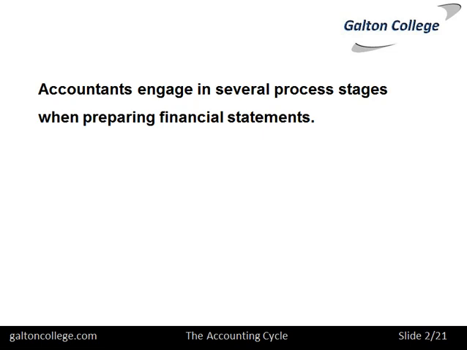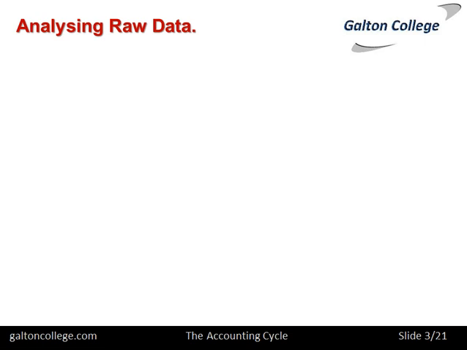So to start, accountants engage in several process stages when preparing financial statements. To get to the final accounts, the accountant must start at the beginning, must look at raw financial data related to the business, obviously, and build up the final accounts from it.